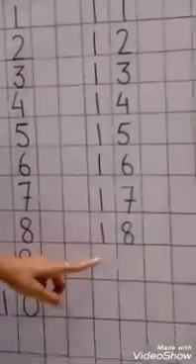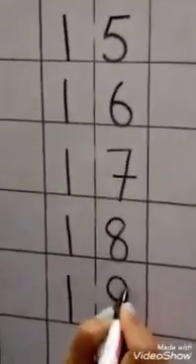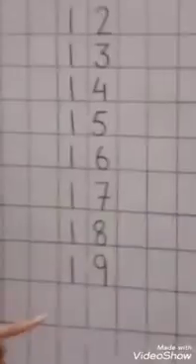What comes after 18? 1, 9. Make a standing line over here. 1, 9, 19. And what comes after 19? Yes, 2. Make a curve, make a sleeping line and make a circle. 2, 0, 20.